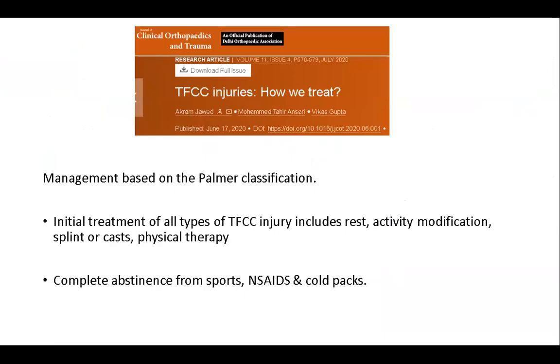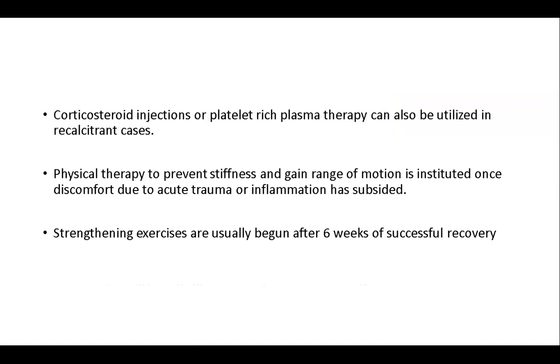So treatment. This is an article published by Jawad et al. in Clinical Orthopaedics and Trauma in 2020. This is the paper from AIIMS Delhi, and their management is based on the Palmer classification. Initial treatment of all types of TFCC injury includes rest, in the sense of complete abstinence from sports or activity modification, splint or cast, physical therapy, cold packs, and NSAIDs.